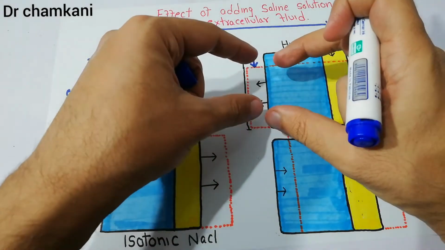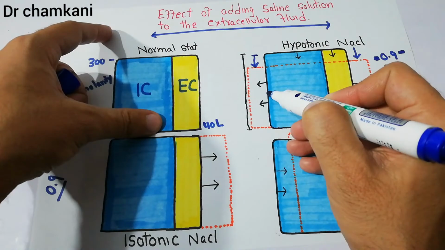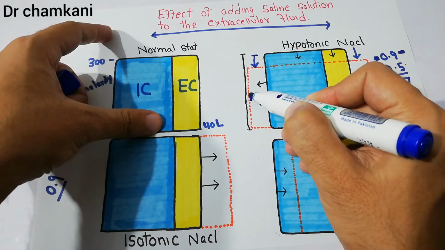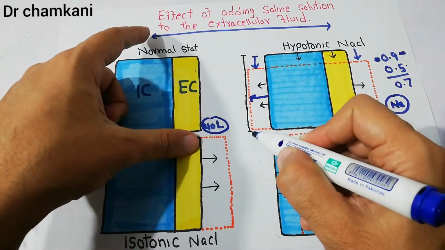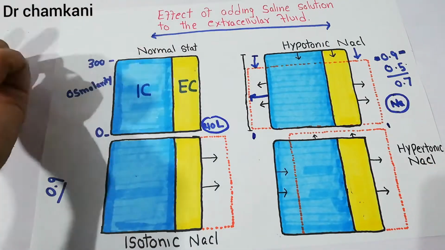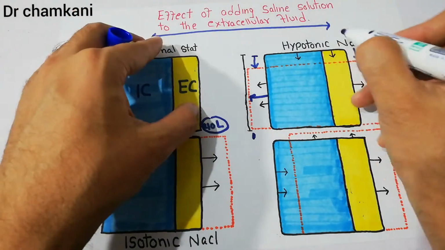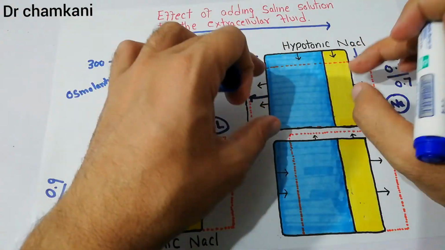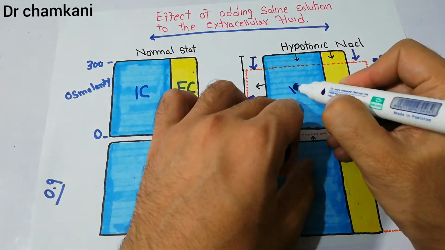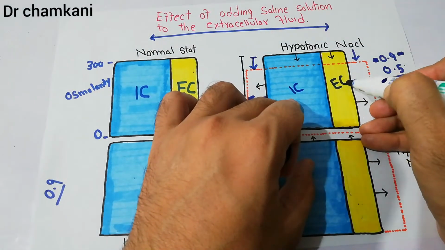So it will increase the volume of fluid. If the body fluid volume was 40 liters, it has now increased to around 43 or 44, or whatever amount of this hypotonic fluid may be added. The effect is that it will increase the intracellular as well as the extracellular fluid volume.